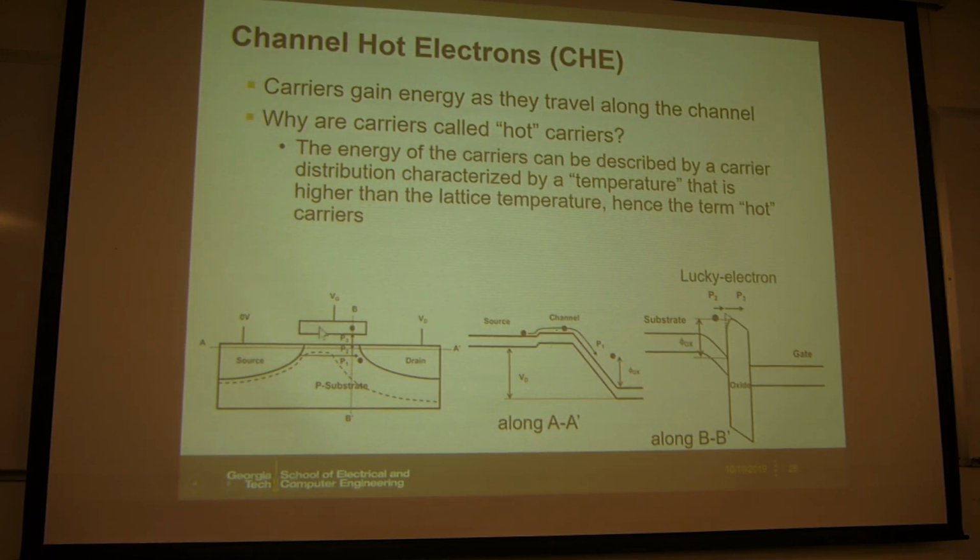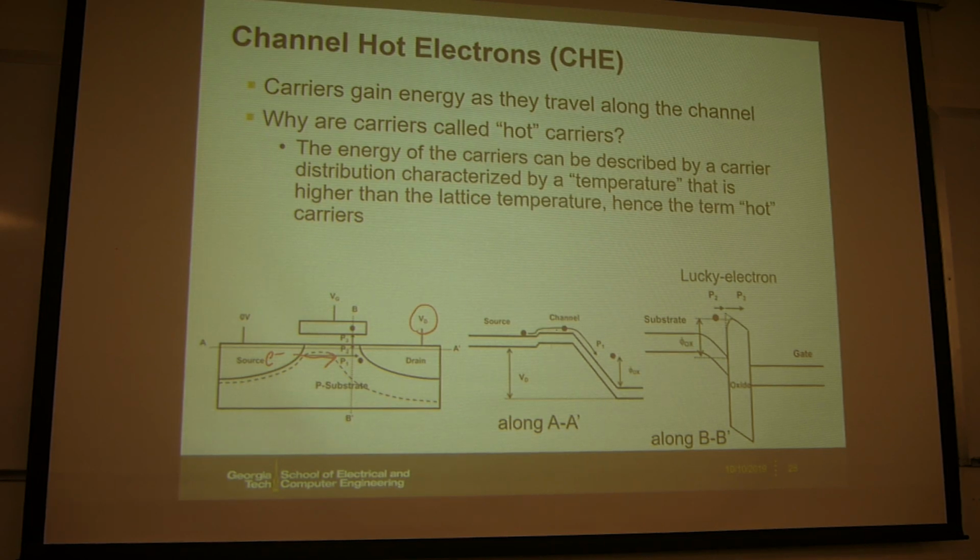So the idea here is that we need to bias the channel with the drain voltage, and typically it's maybe 5 volts or 6 volts, and this is a quite large VDS. So the electrons will flow from the source to the drain, but as the electrons travel, they gain kinetic energy because of the electric field.